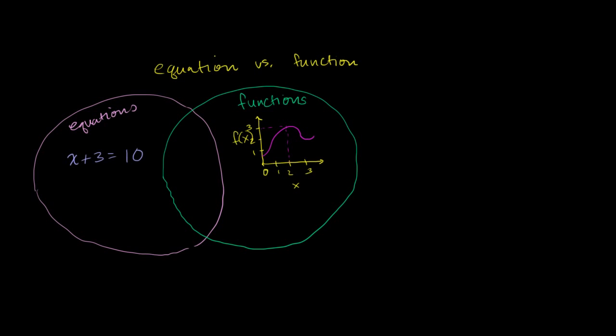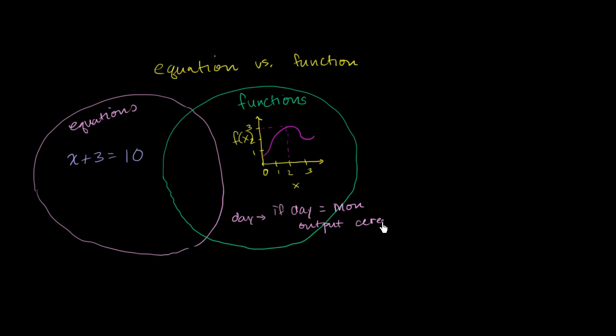Another function definition would be very similar to what you do in a computer program. Something like, if you input the day of the week, and if day is equal to Monday, maybe you output cereal.